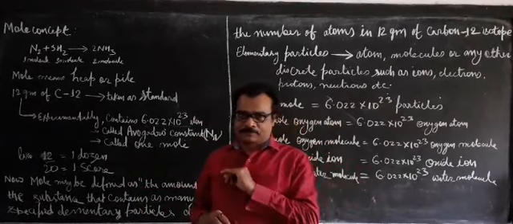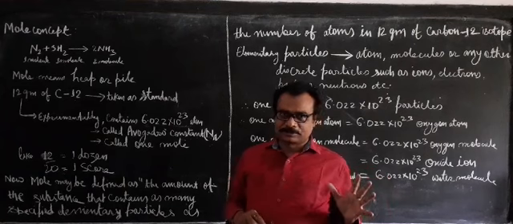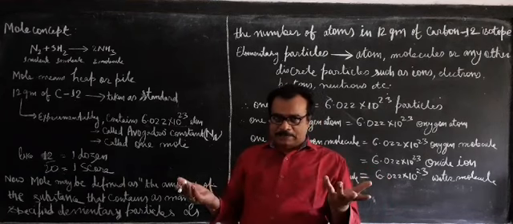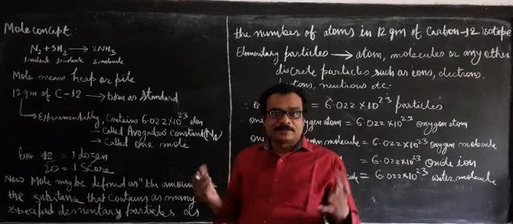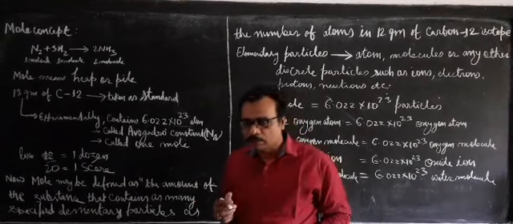That means take any substance, if it has 6.023 into 10 power 23 particles in a certain amount of substance, then that amount would be known as 1 mole.